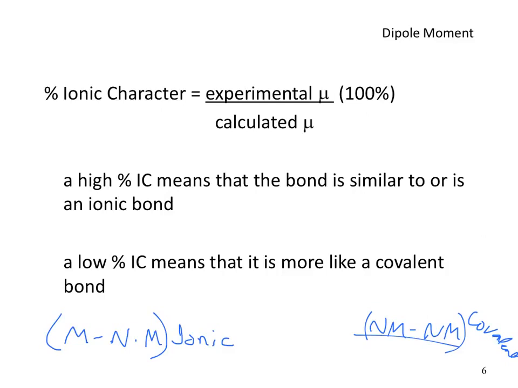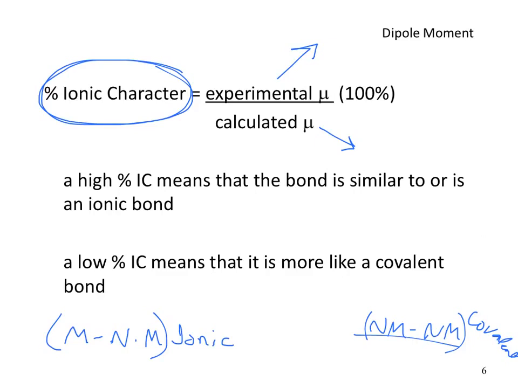So that is measured as a percent ionic character, which is determined by first calculating the experimental value of mu. That's an experimental value that an experiment would be run to determine. And then we would plug in the calculated theoretical value of the dipole moment and determine that percentage ionic character.